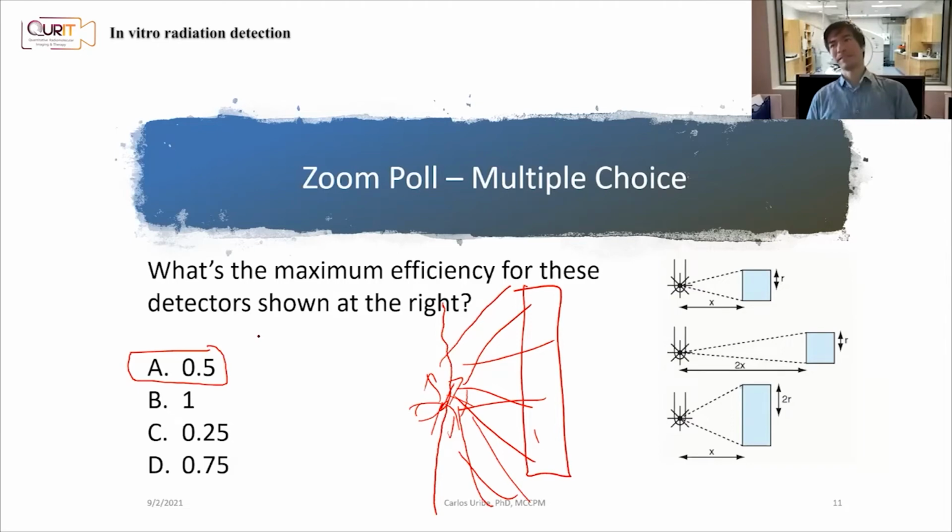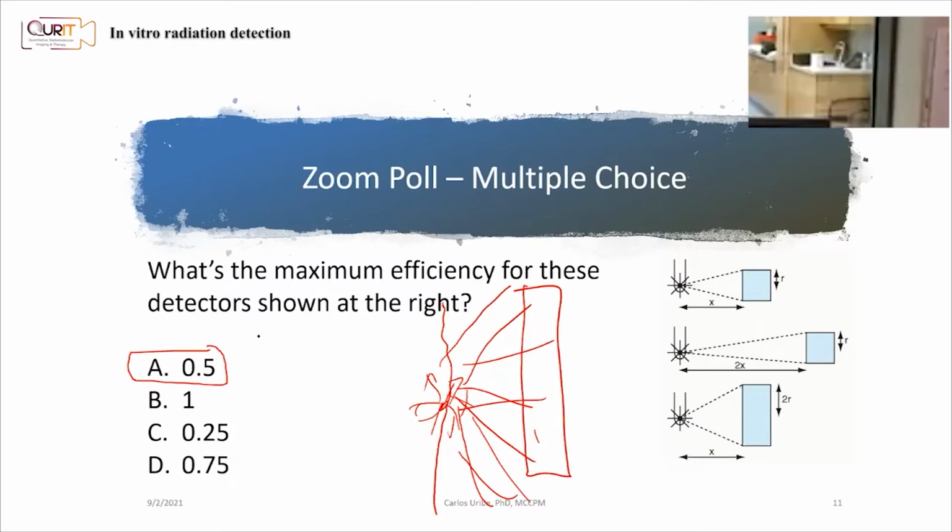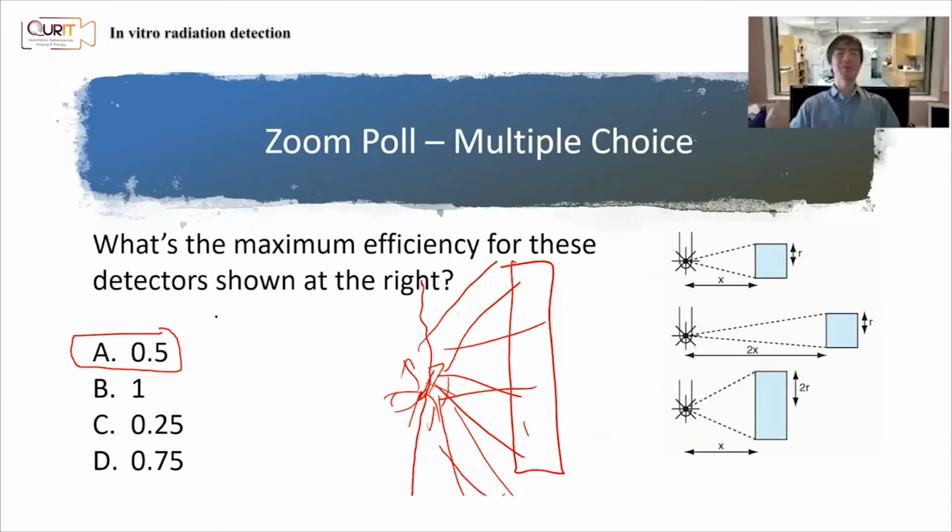There is a question on the chat: how can we measure the number of total events emitted from the source? That is a good question. When we measure efficiency or sensitivity, for example for a SPECT camera, we need to have a source in which we know very well what we have.